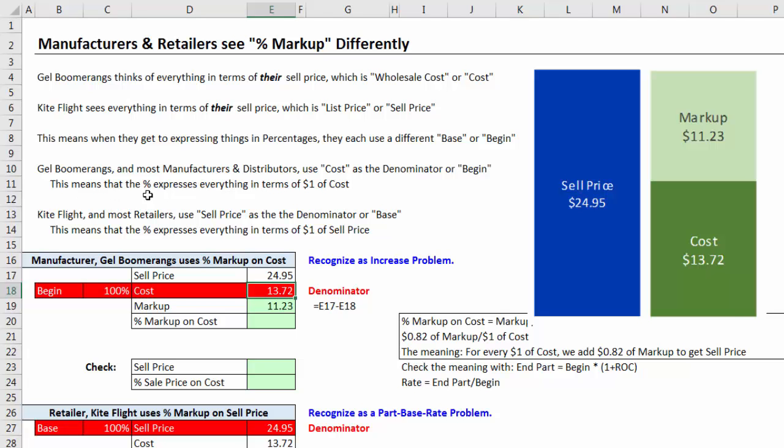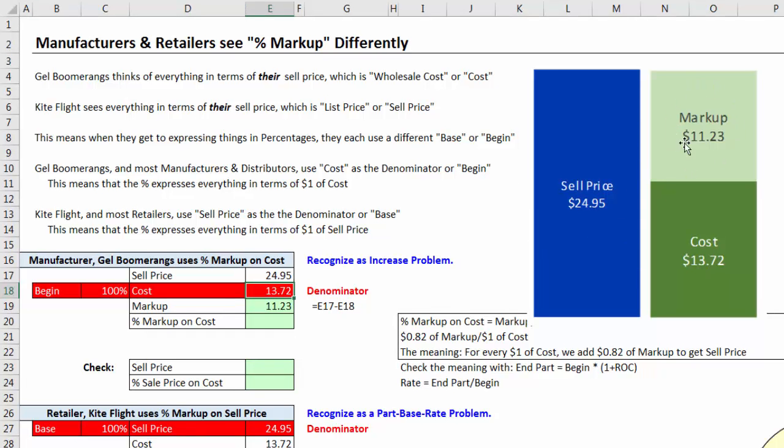This means that the percent expresses everything in terms of $1 of cost. It doesn't matter if we take the change part markup or the end part sell price. When we calculate those percentages, it will tell us how many pennies of markup for every $1 of cost and how many pennies of sell price for every $1 of cost.